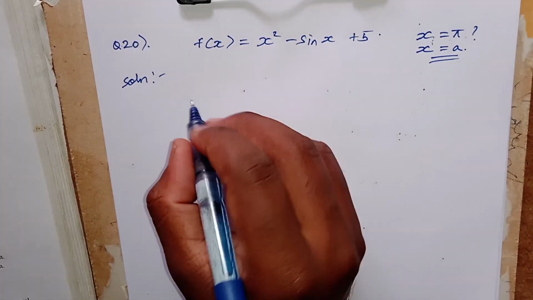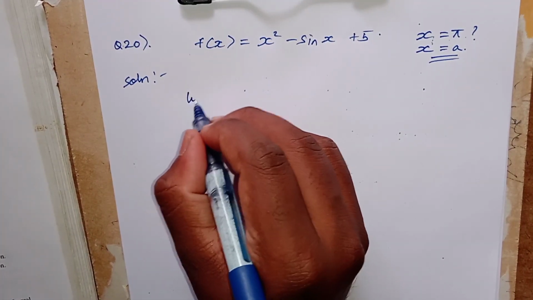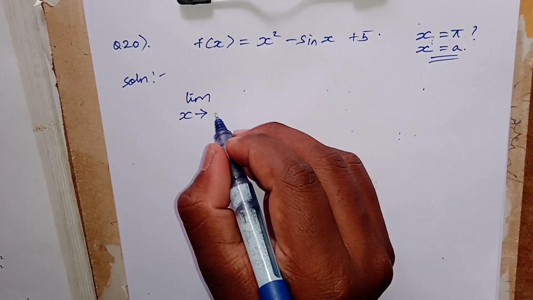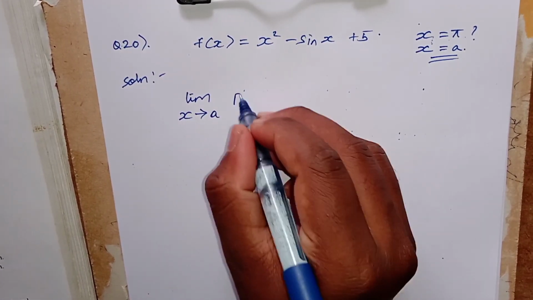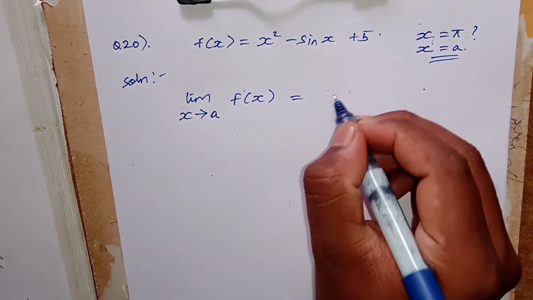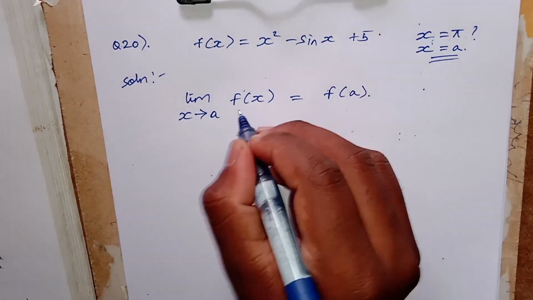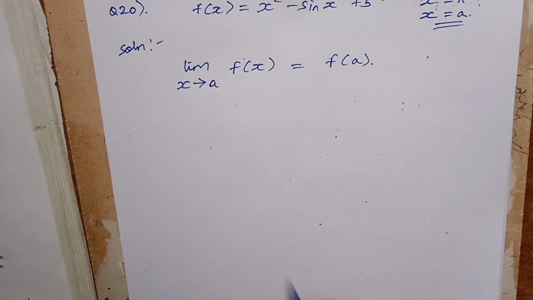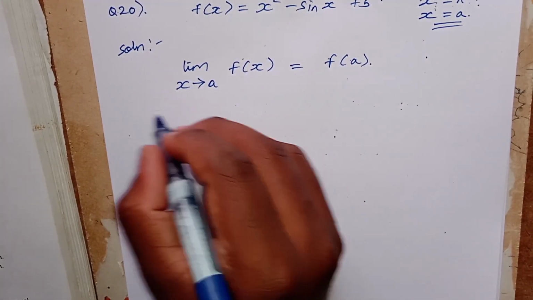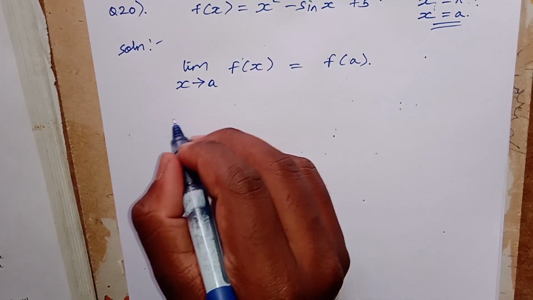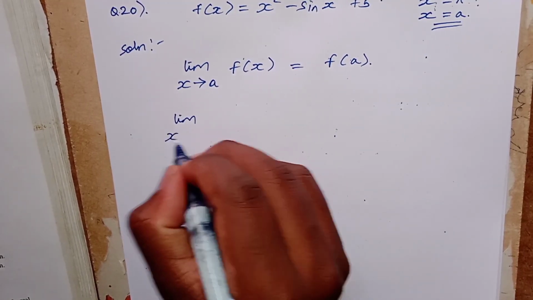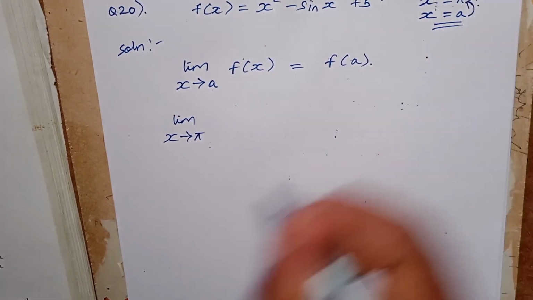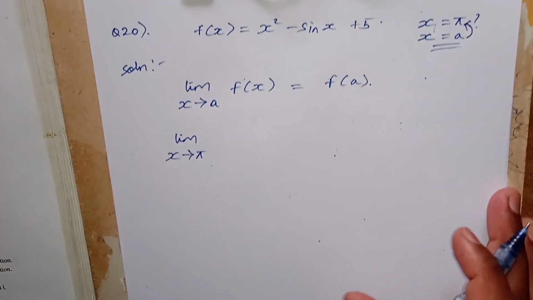Therefore, you have to apply the general form: limit x tends to a of f of x is equal to f of a. If both are equal, then it is continuous. I am taking first the LHS, limit x tends to pi, where a is equal to pi.